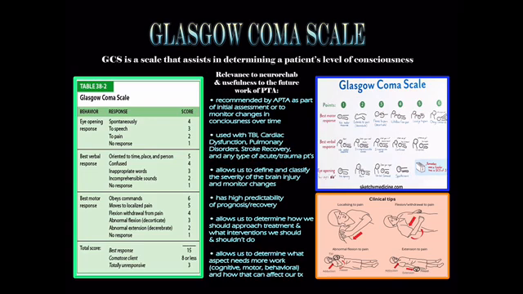For verbal, a 2 would be incomprehensible sound. This pretty much means that after a stimulus, they would just probably groan or moan. A 3 would mean inappropriate words. They are now saying words, but they're unintelligible single words, so they don't really make sense. A 4 would be confused.